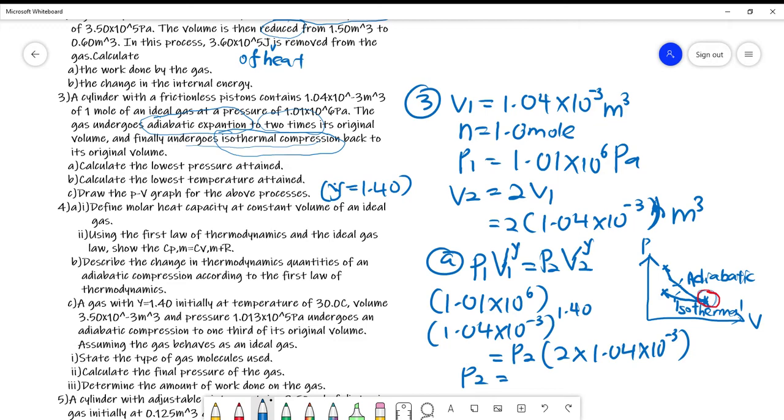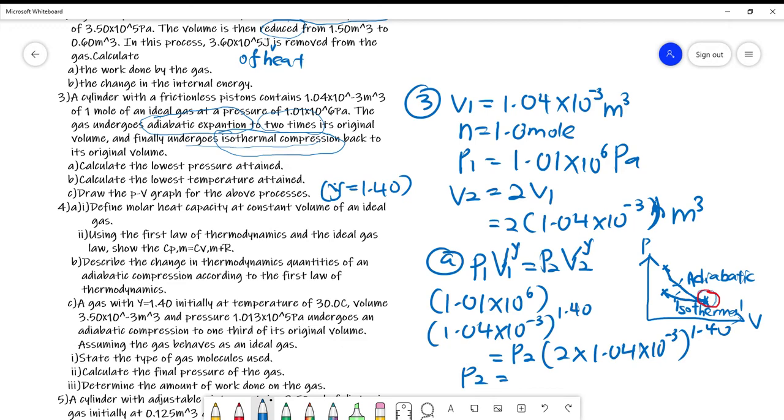1.04 times 10 to the power negative 3 to the power of 1.40, over 2 times 1.04 times 10 to the power of negative 3. Oh, here I missed something, which is gamma, to the power of 1.40.